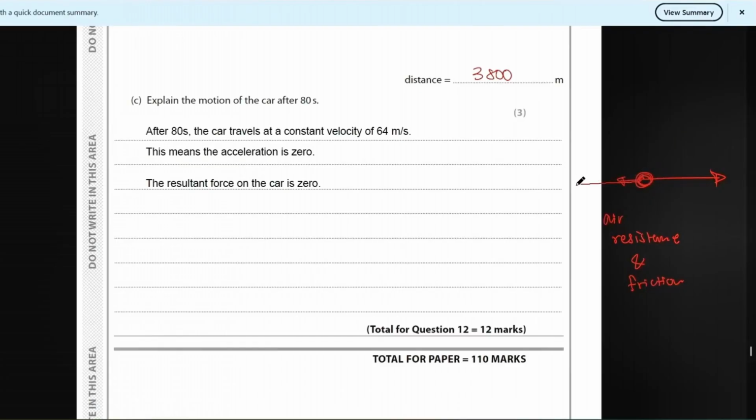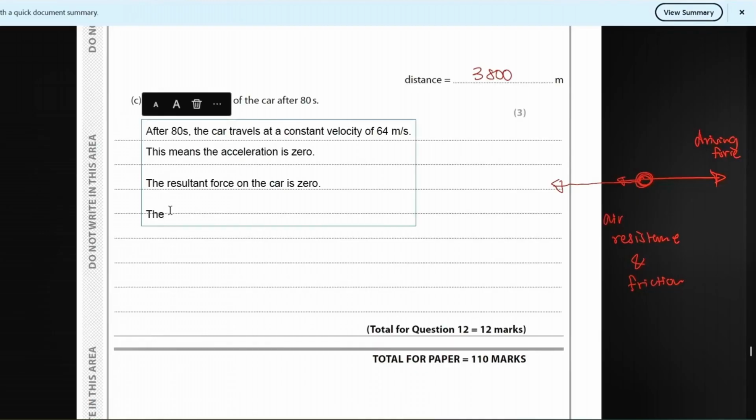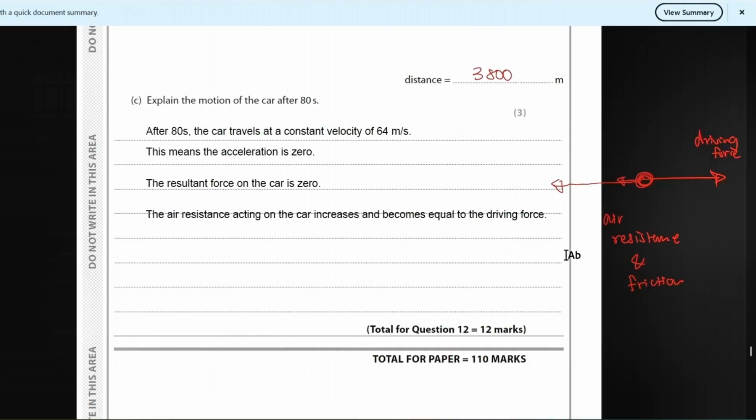So there will be a point where air resistance increases to match the driving force. And this is where the net force becomes 0 and the acceleration becomes 0. We can just say that at this point, the air resistance acting on the car increases and becomes equal to the driving force. And that should be enough.